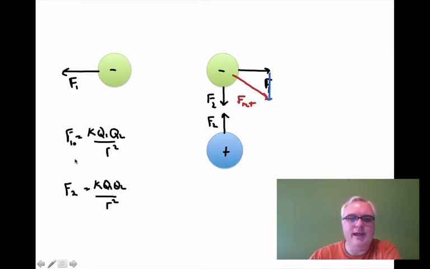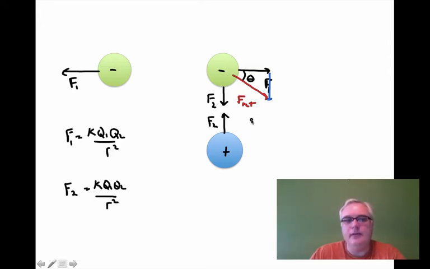You're going to find the magnitude of each side of this vector diagram using Coulomb's law, and then use your vector analysis to find the net force and the direction of the net force. And you're not going to put in negative for the charge because you're going to use your vector diagram to find the direction.